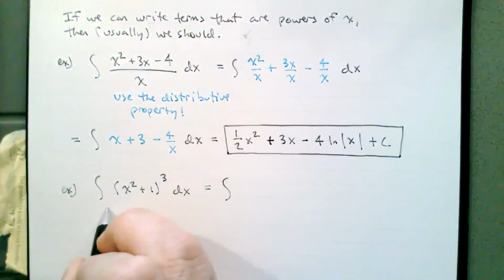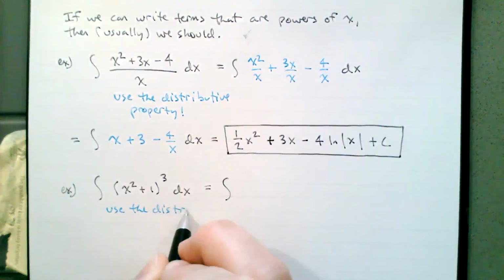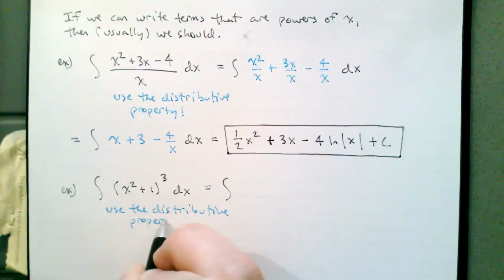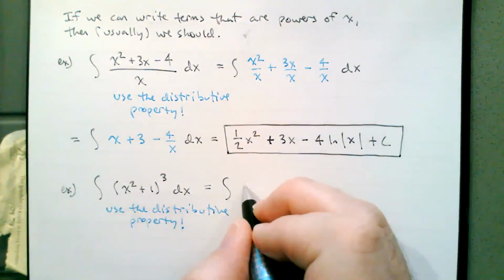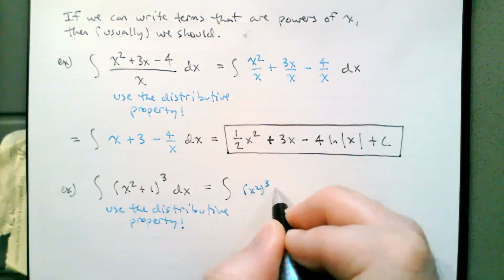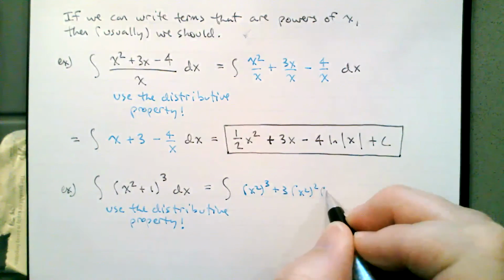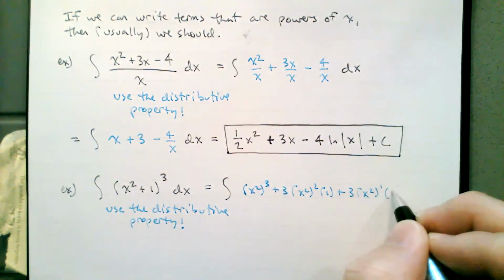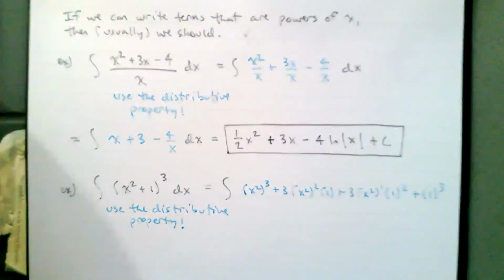So once again, use the distributive property. So we'll have x squared to the third plus 3 times x squared squared times 1 plus 3 times x squared to the first times 1 squared plus 1 cubed dx.